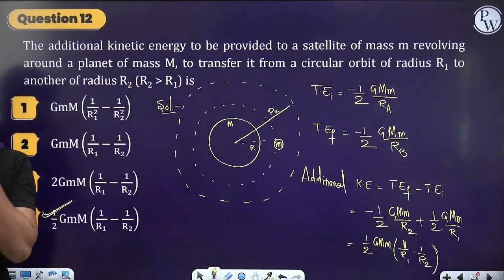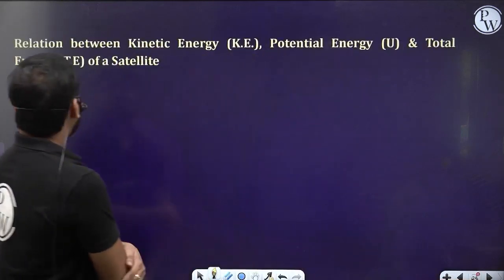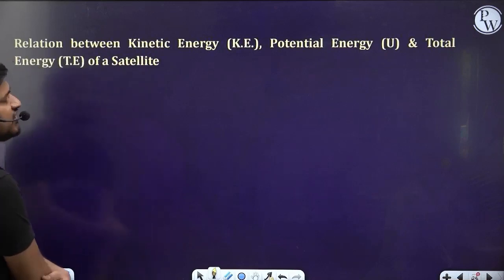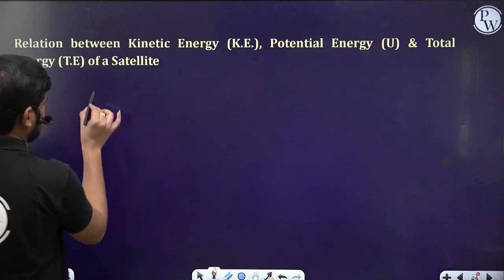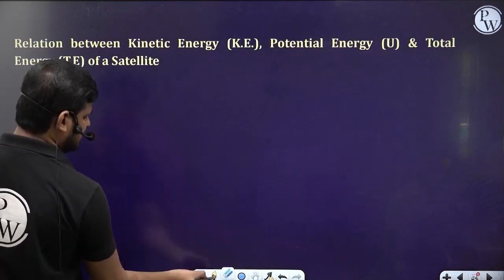Next. Now, what is the relation between kinetic energy, potential energy and total energy of the satellite? Simply remember this one. Let's write all the formulas in one place first.